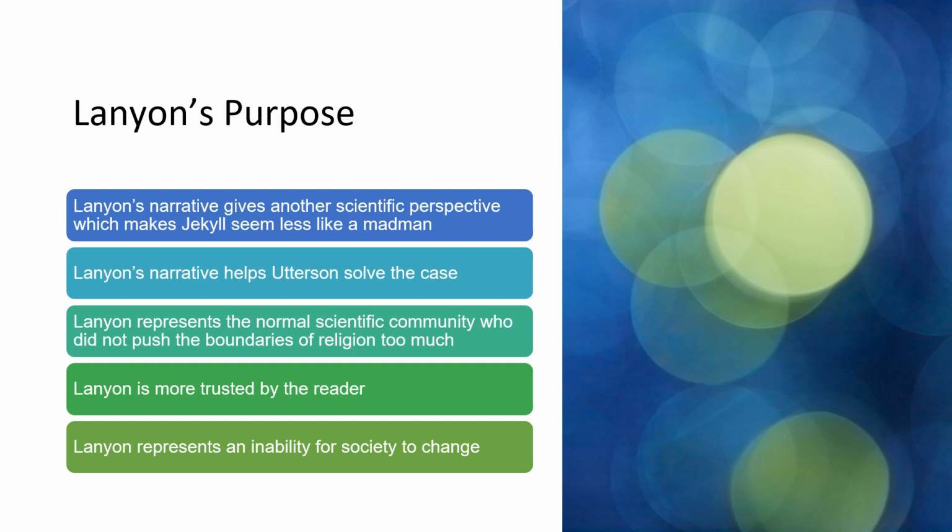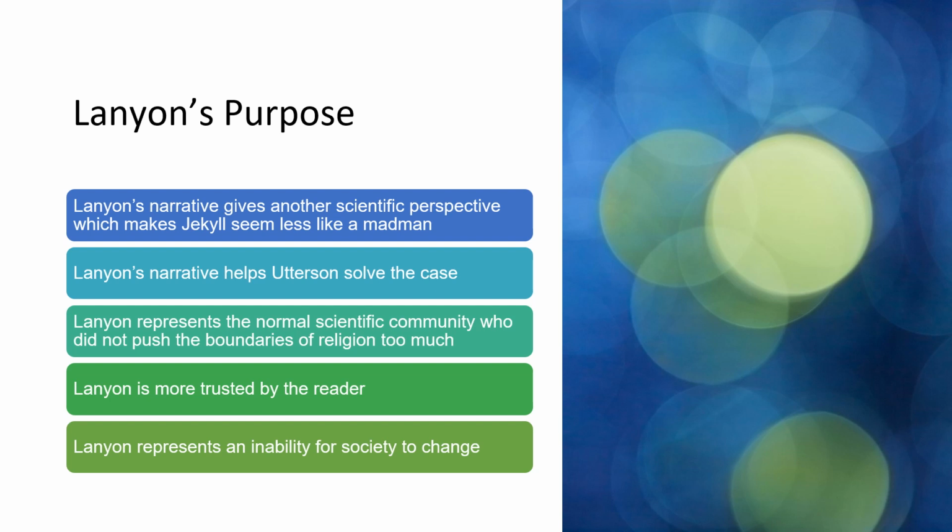But Stevenson uses Lanyon's account to make it seem more trustworthy and thus increase the horror of everything. If it just seemed like Jekyll had gone mad, it wouldn't seem as bad. But the fact that we have Lanyon's narrative shows us that Jekyll hasn't gone mad and that actually Jekyll is telling the truth. So it makes it seem more scary. It adds to that horror, it adds to that tension.